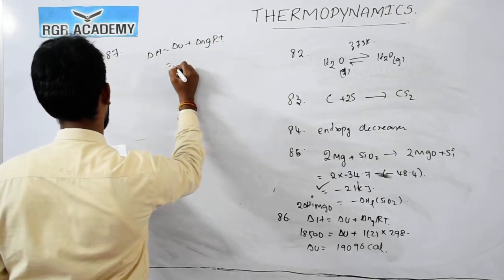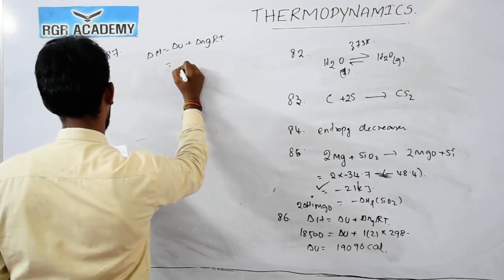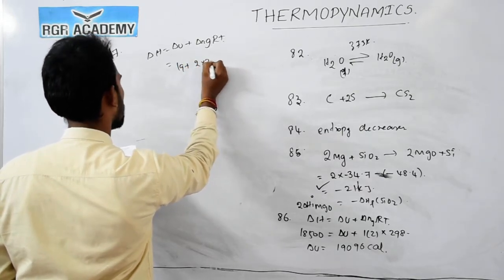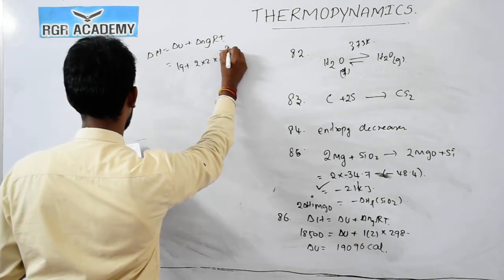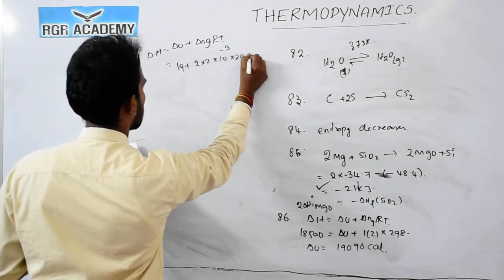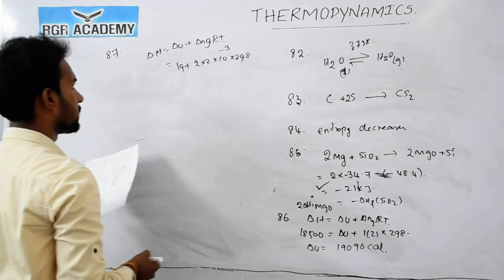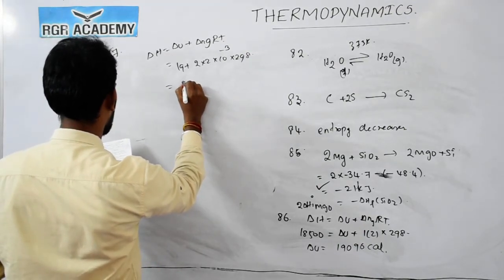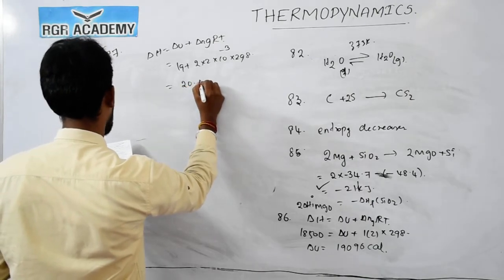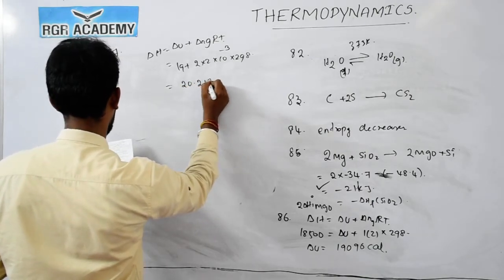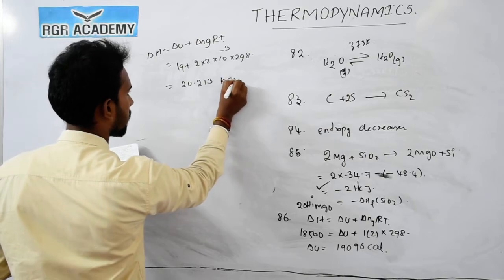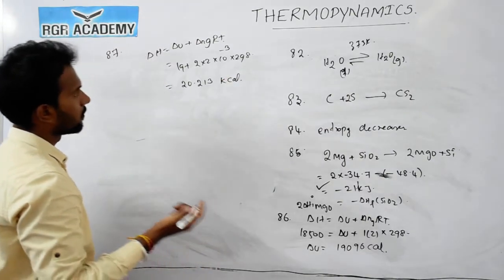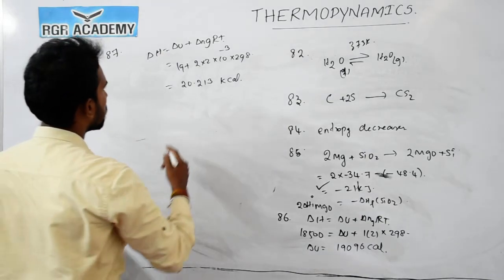So the value of delta U is 19 plus 2 into 2 into 10 power minus 3 into 298, where 298 is the temperature. When you simplify this, you will get 21.213 kilocalorie. Initially the value is in calories, so we need to convert it into kilocalories.